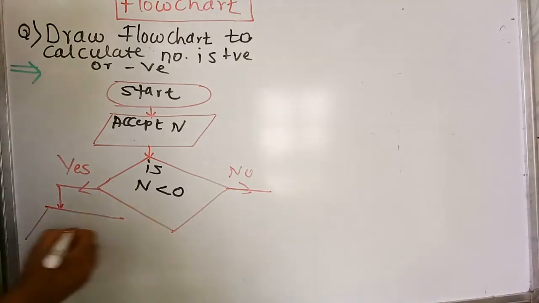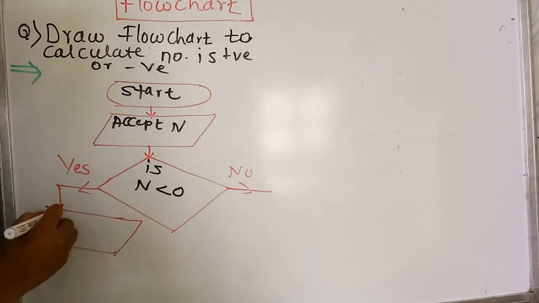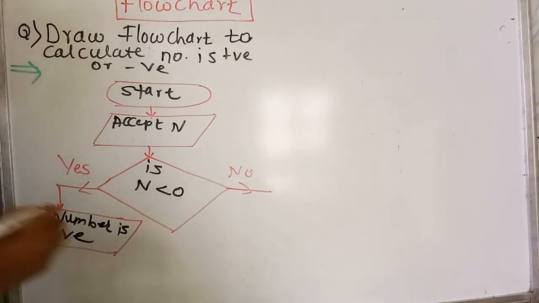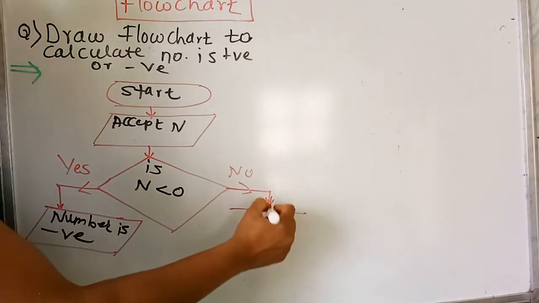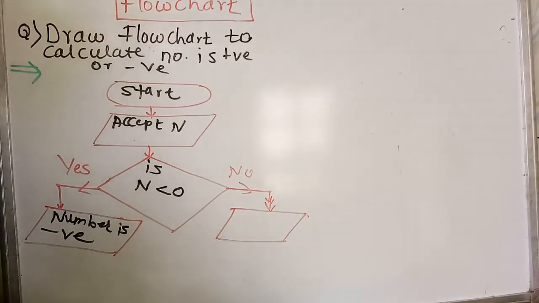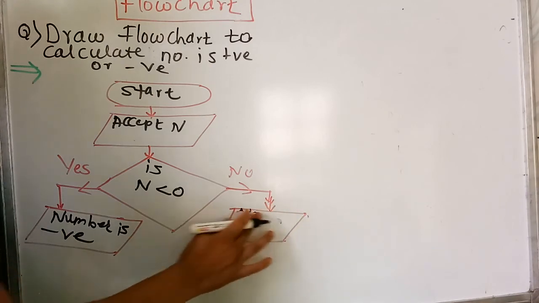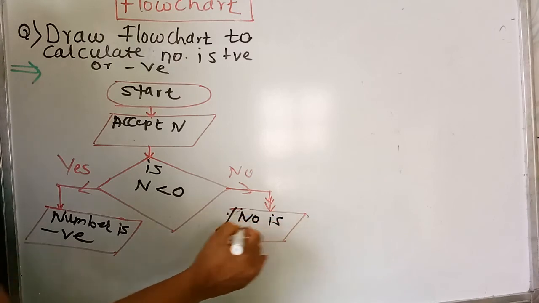So we will use this symbol and print the message number is negative. If not, it is greater than 0, then it will display the message number is positive.